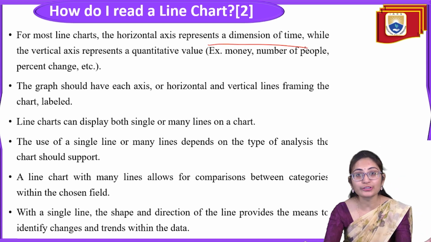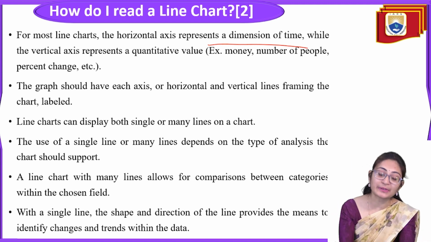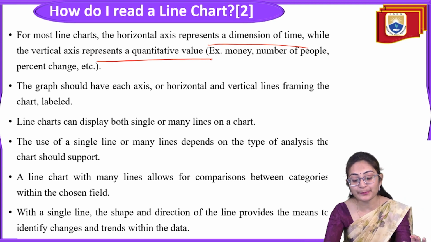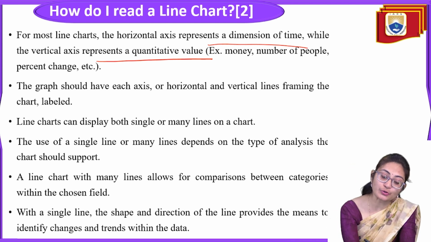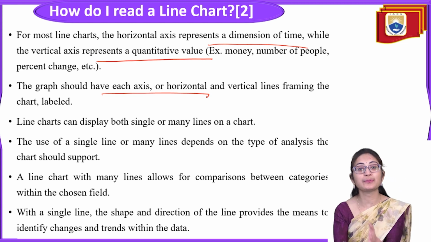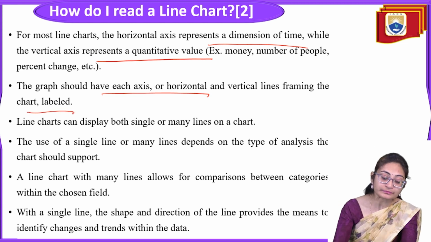This is very important for our line chart. The vertical axis represents the quantitative value, and this can be money, number of people, or percent change. The graph should have each axis, horizontal and vertical lines framing the chart, and labels.